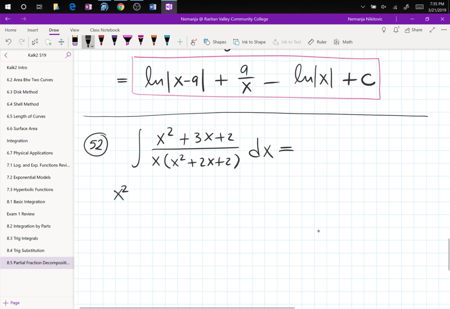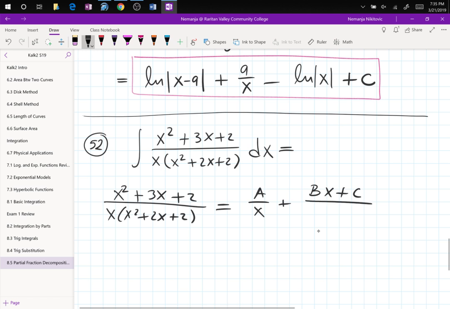So we have x squared plus 3x plus 2 divided by x squared plus 2x plus 2. And in the setup over here, I have the linear first, so that's a over x plus bx plus c divided by x squared plus 2x plus 2.